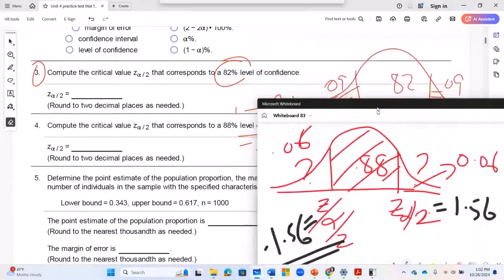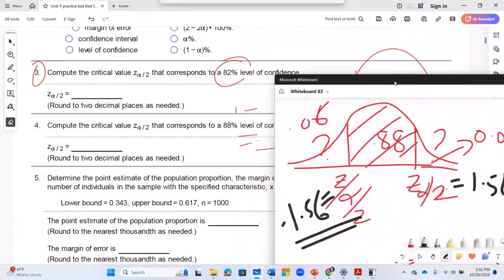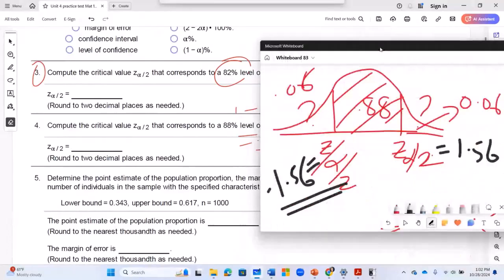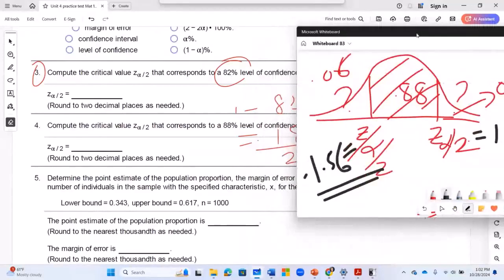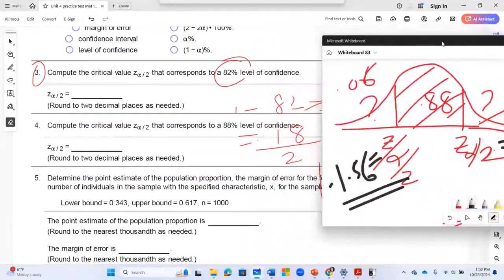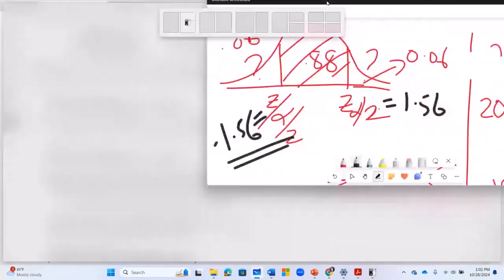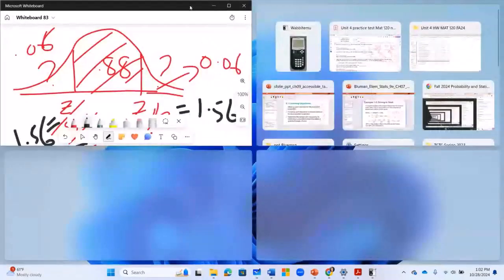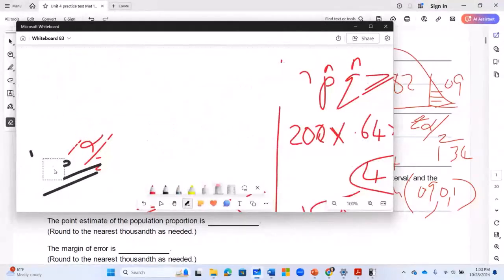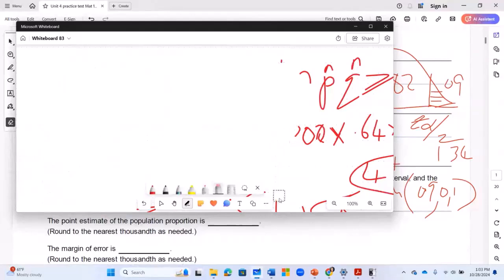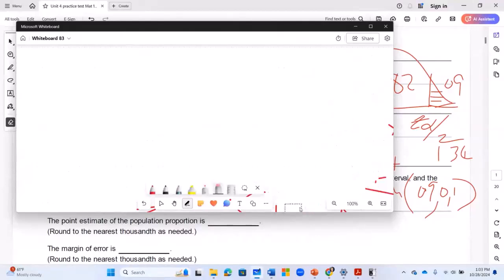The next question, number 5, says determine the point estimate of the population proportion, the margin of error. Let me write the formula for calculating the confidence interval of a population proportion.